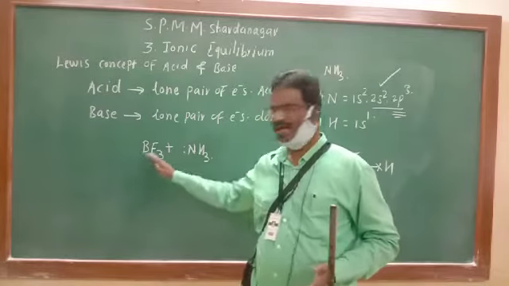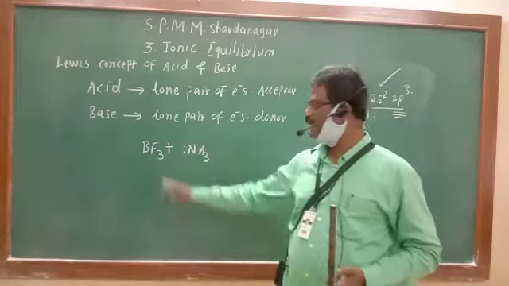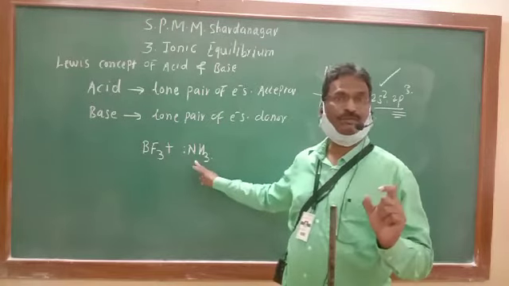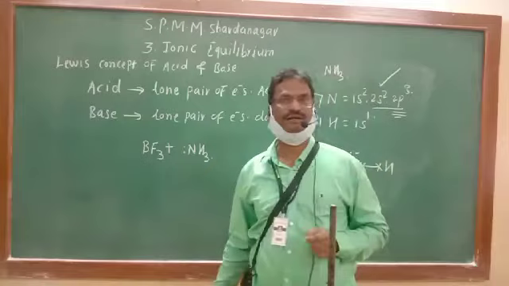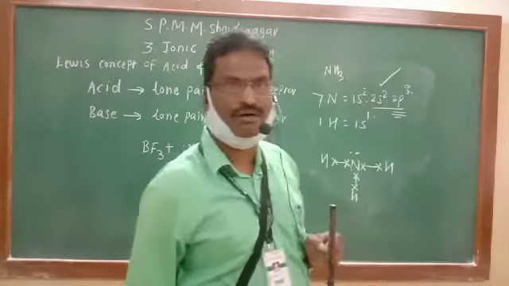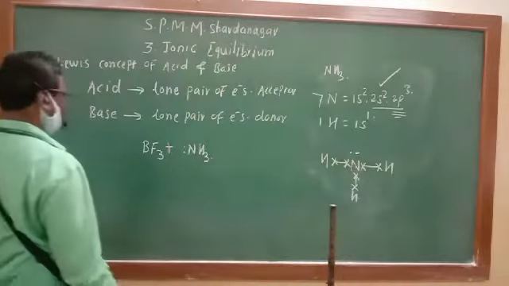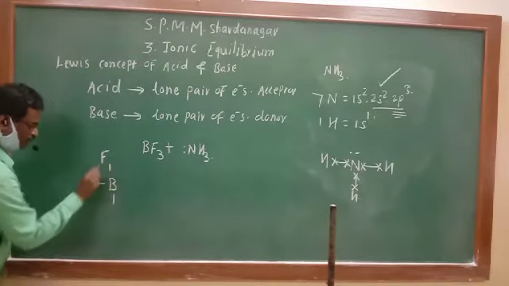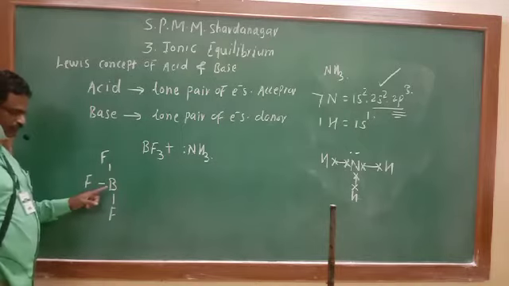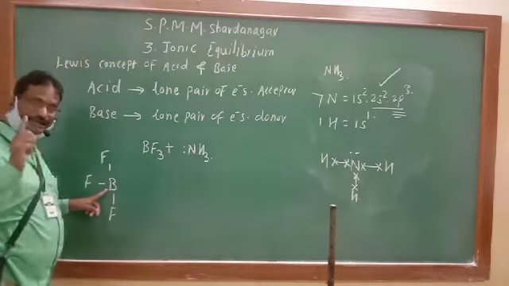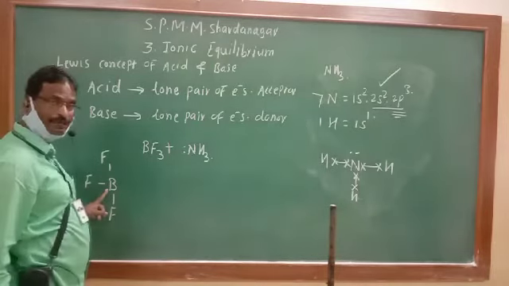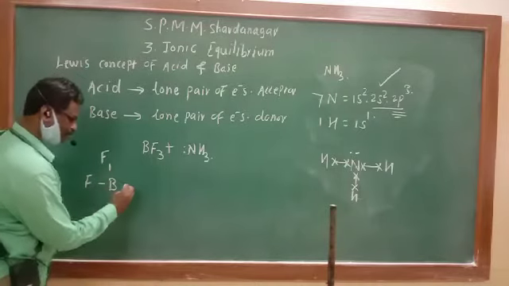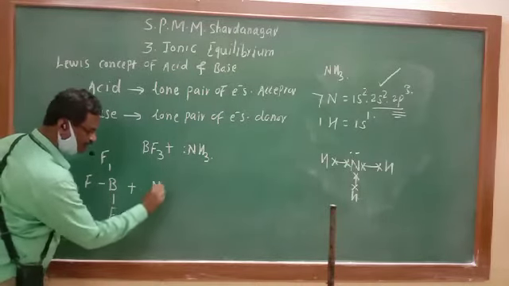Whenever a reaction between acid and base takes place, the acid accepts a lone pair of electrons, the base donates the lone pair of electrons, and a coordinate bond is formed. A coordinate complex is obtained. See here, BF3, boron trifluoride. Here boron has an incomplete octet, and boron is capable of accepting the lone pair of electrons. This is added to NH3.